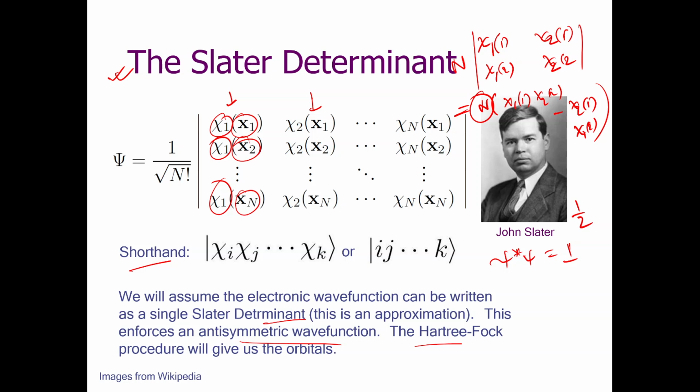Two factorial terms. When you have a three-electron determinant, you have six combinations, so the three electrons are in the three orbitals, and you have six terms. To normalize the six terms, the 1 by root over 6 term will come, and when you do psi star psi, it gives you 1. You can do the simple practice with this.